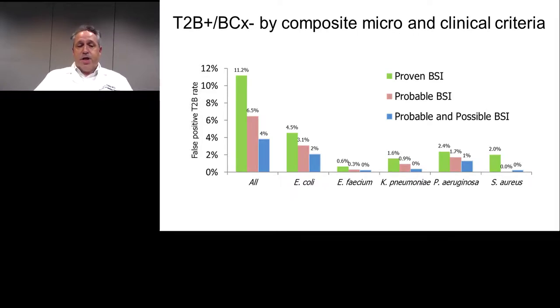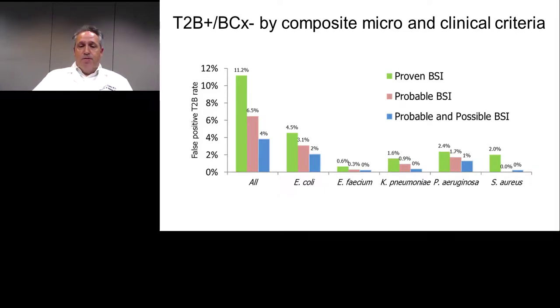Specificity increasing to 94%, however, if you use probable bloodstream infection as the comparator in the salmon-colored bar. And on the far left for all patients in the blue bar, specificity of 96% if you consider either probable or possible bloodstream infections as the comparator. And then the breakdown by individual species showing similar results at the T2 bacteria species level.